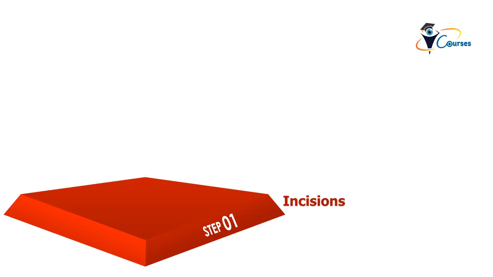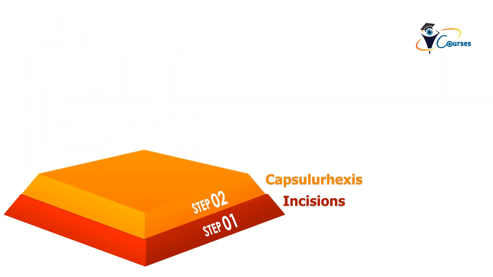Then step 2 is the capsulorhexis. If you do the capsulorhexis well, it will facilitate the nucleus removal. And if you do a small rhexis or an extended rhexis, then this will modify your technique or make the surgery more difficult or more risky, with extension of the capsulorhexis posteriorly, leading to rupture of the posterior capsule.